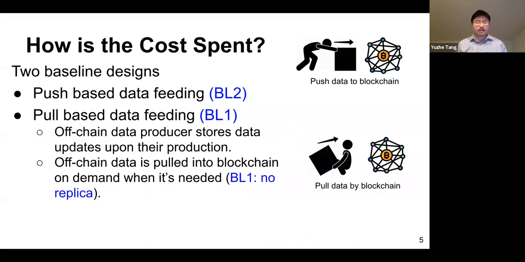The second baseline, BL1, is based on the pull design. The smart contract, which needs to read the data, will send a request to the off-chain data producer and try to pull or retrieve the data from the producer. In this case, there is no data replica maintained on the blockchain.